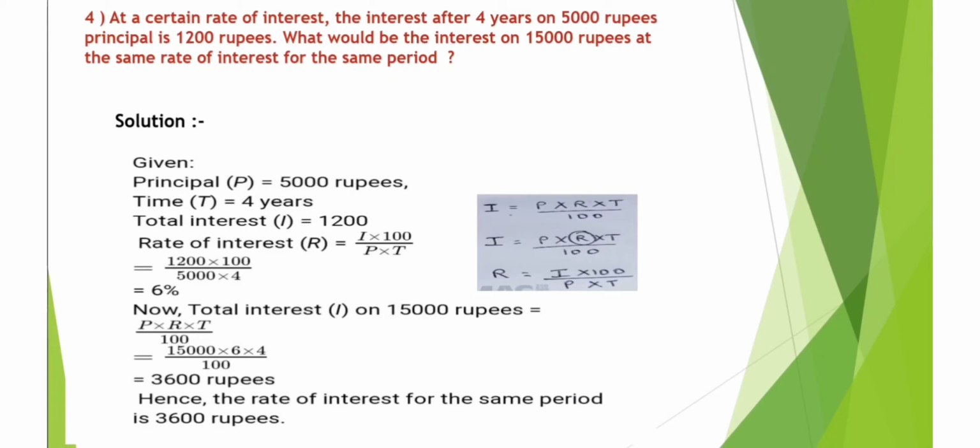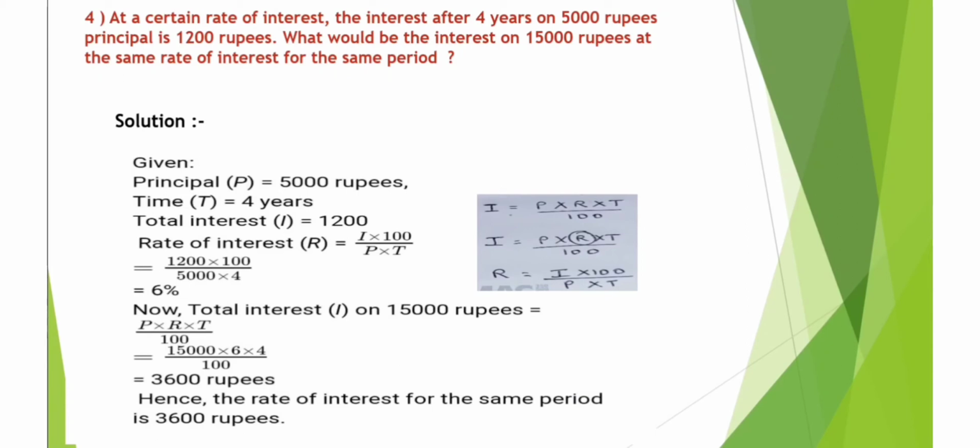In the next step, P and T, and I and 100, you have to cross multiply. So hence we get the formula for R as I, that is interest multiplied by 100 upon P multiplied by T.